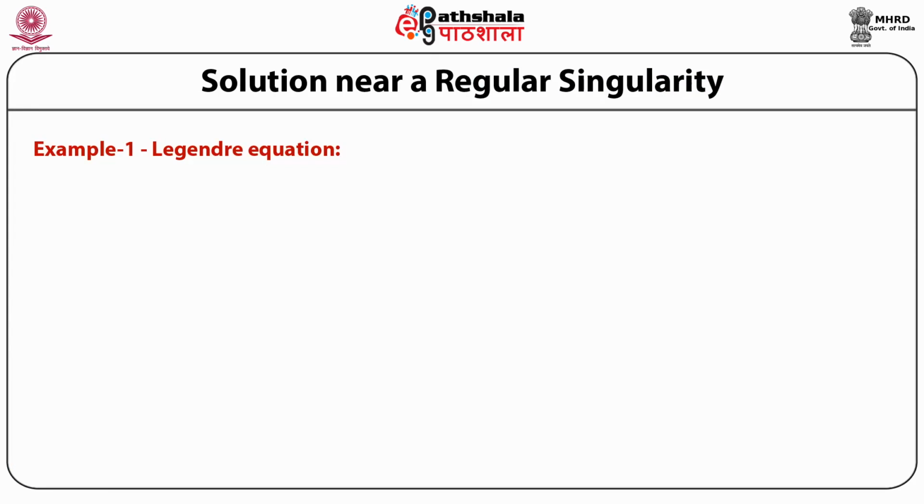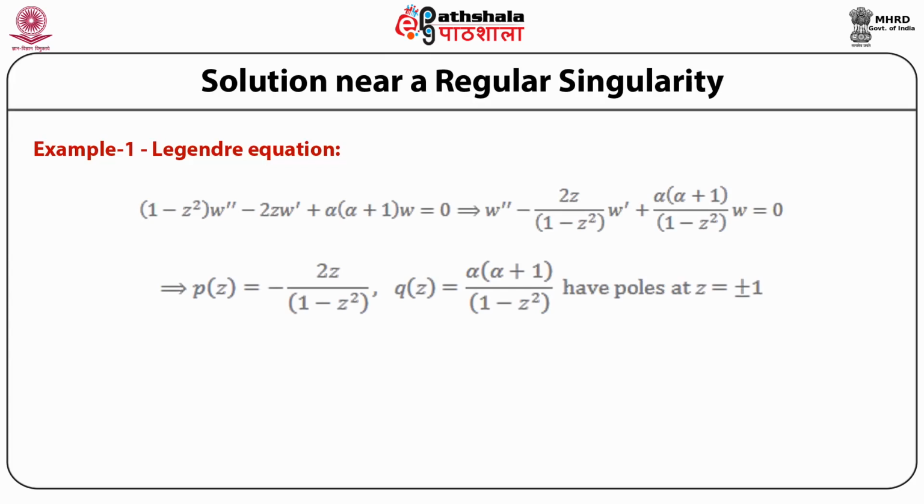Consider the Legendre equation given by 1 minus z squared times w double prime minus 2z times w prime plus alpha into alpha plus 1 into w is equal to 0. The equation is rearranged to have w double prime minus 2z w prime divided by 1 minus z square plus alpha into alpha plus 1 w by 1 minus z square equals 0.